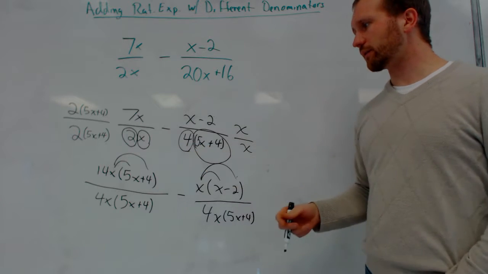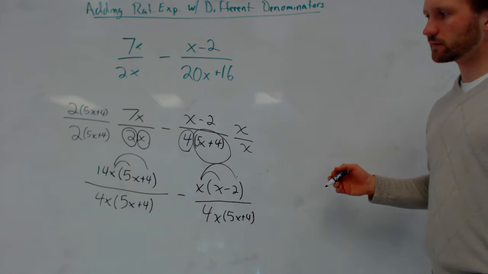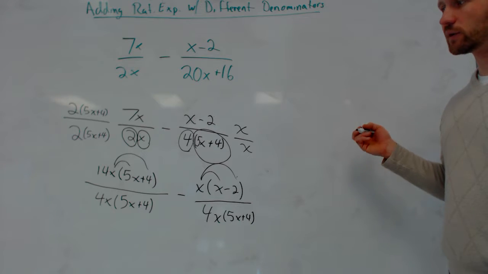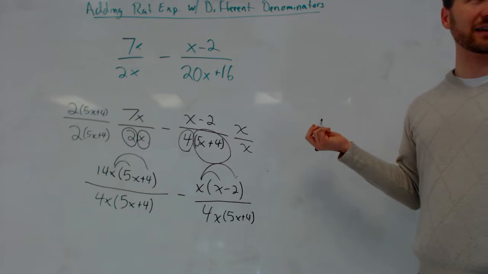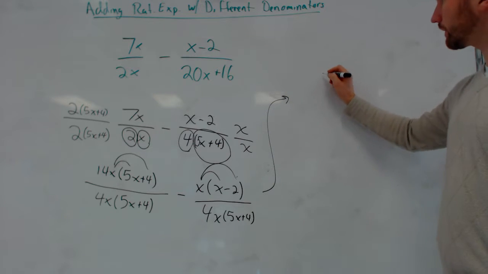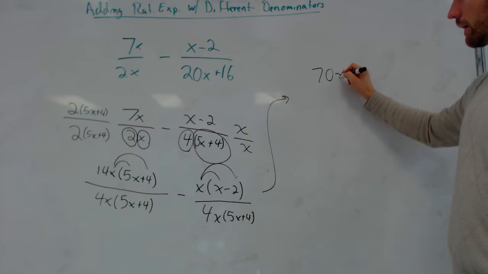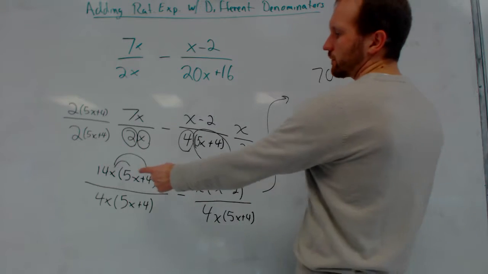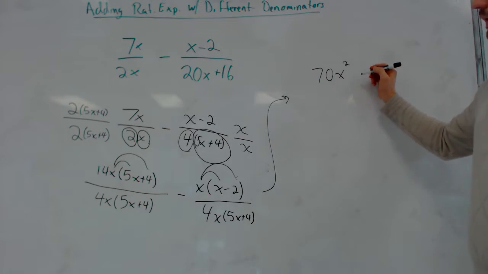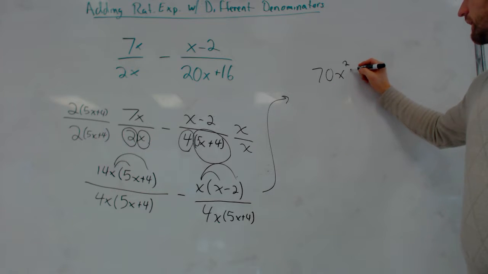So in the first one, I've got 14x times 5x. 14 times 5, I think, is 70. Yeah, it's 70x squared, plus 14 times 4, you said 56? Yeah, 56x.